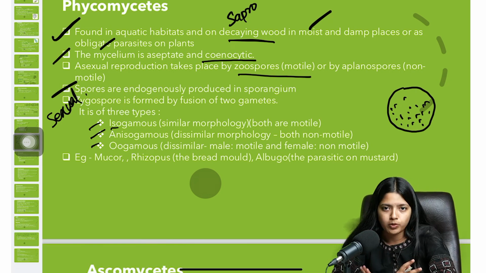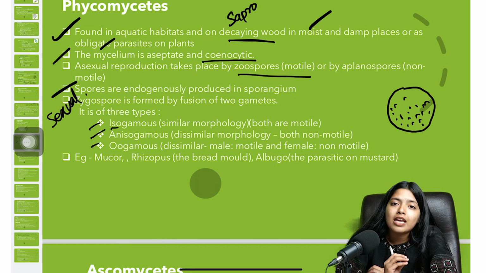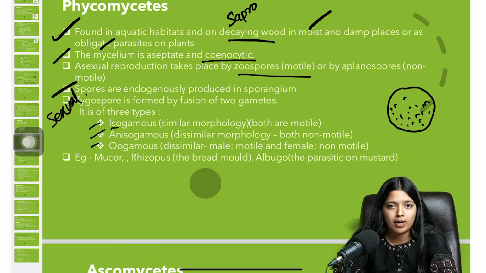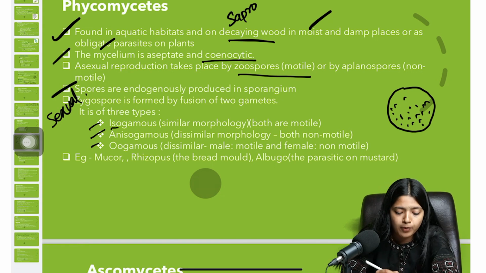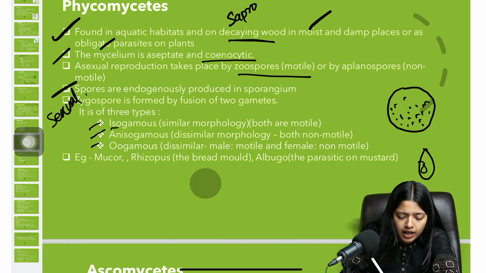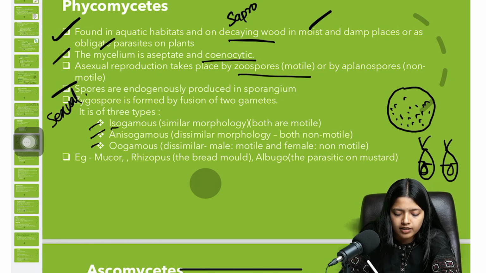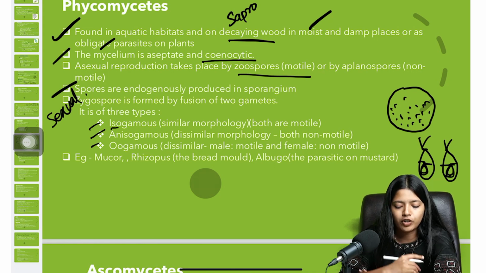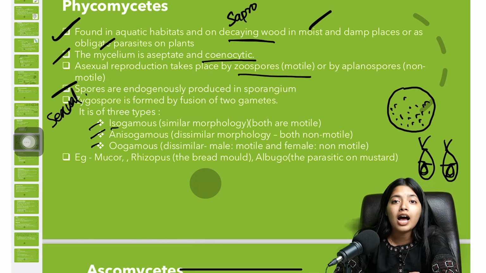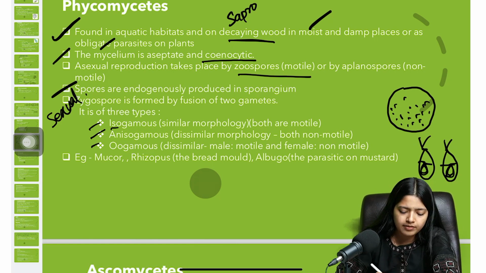If two spores have the same morphology, and both of them are motile, we call them isogamous. Both have the same morphology and both are motile. These are isogamous spores. Is that clear?